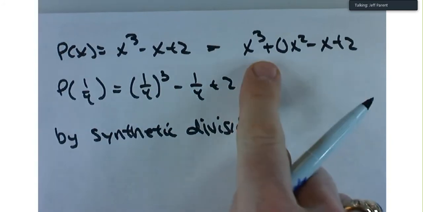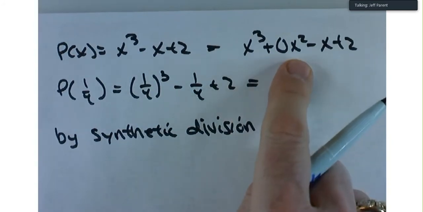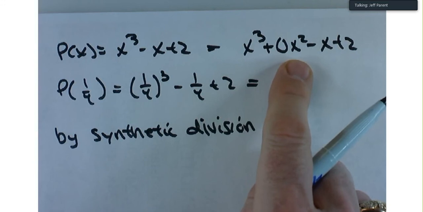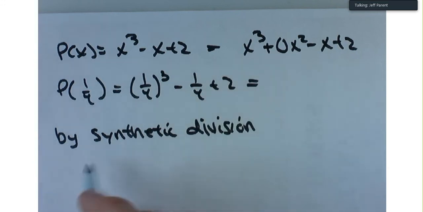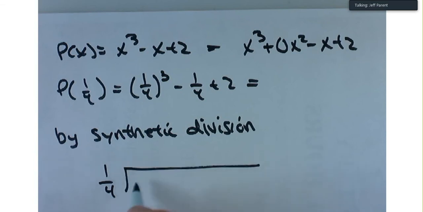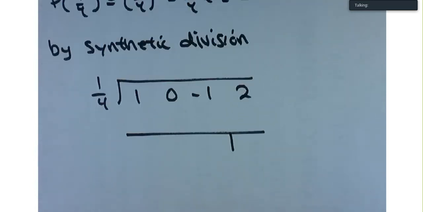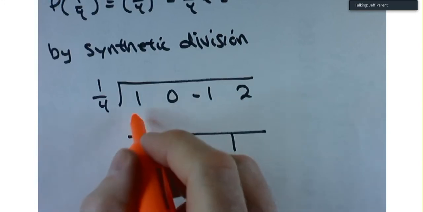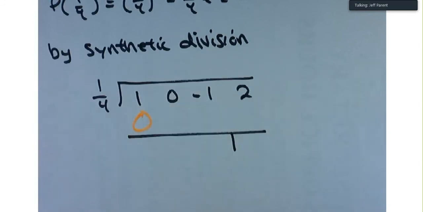You have to account for all the coefficients of your polynomial, whether they're there or not. But I'll write the 1/4 out in front. 1, 0, -1, and 2. Now you can use your calculator on these things, that's fine. There's nothing wrong with that. Start out with a big goose egg. 0, zip, nada, zilch, nothing.